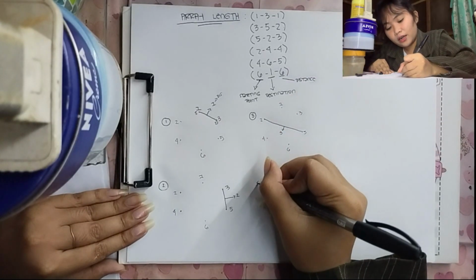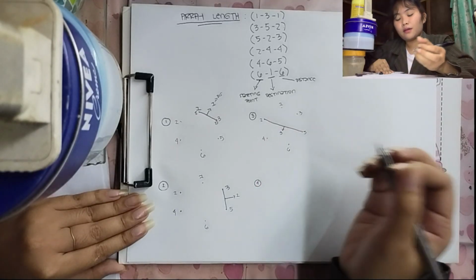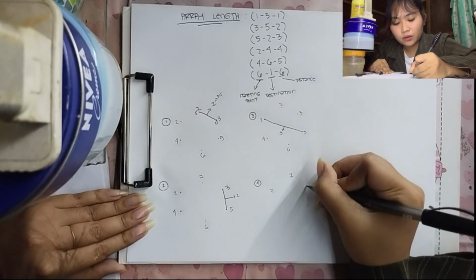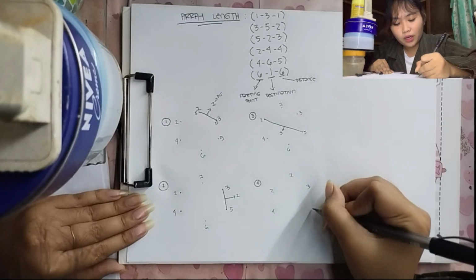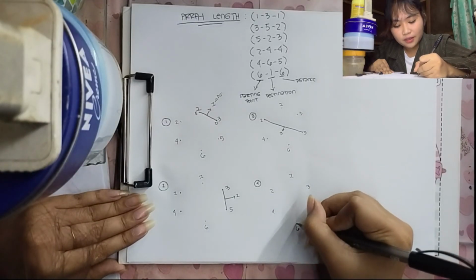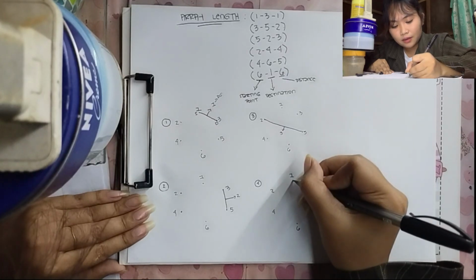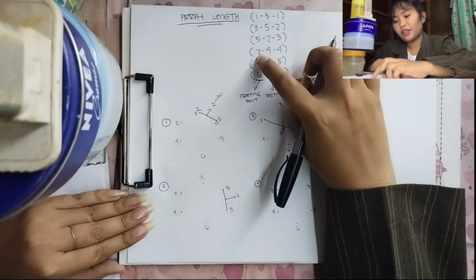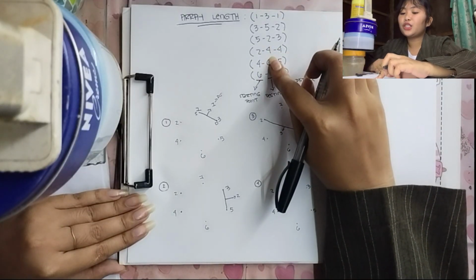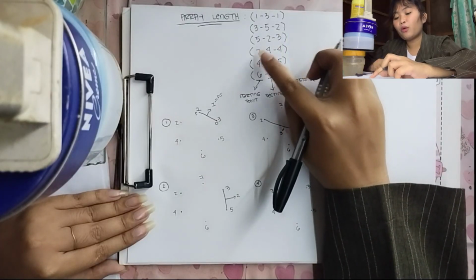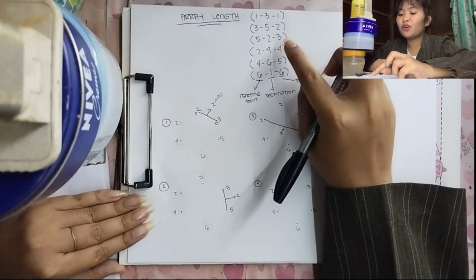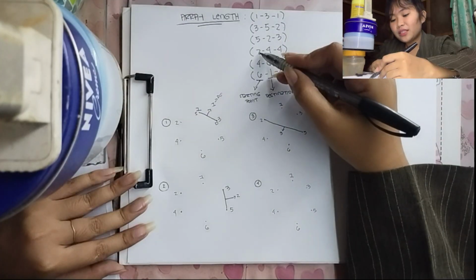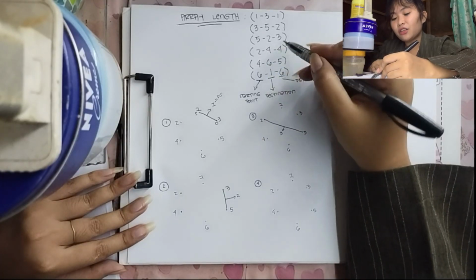So 4: 1, 2, 3, 4, 5, and 6. 2 starting point, 4 destination, and 4 distance.